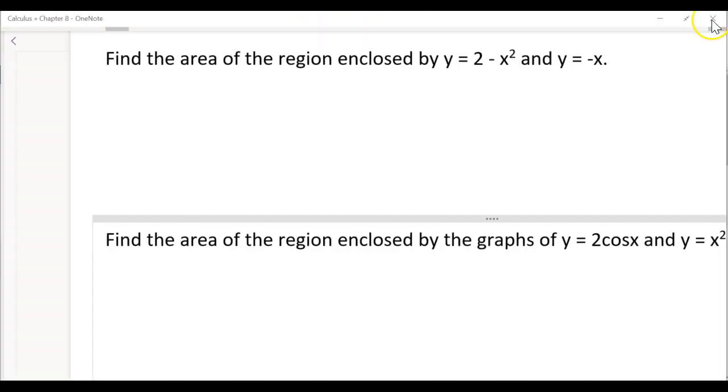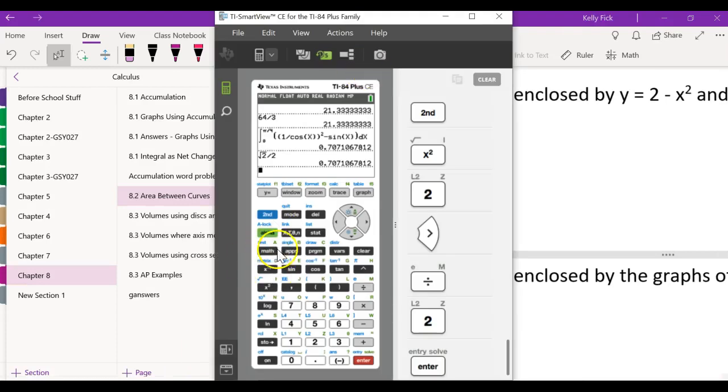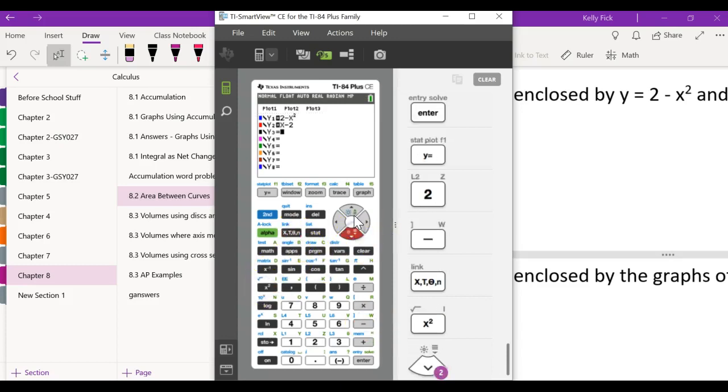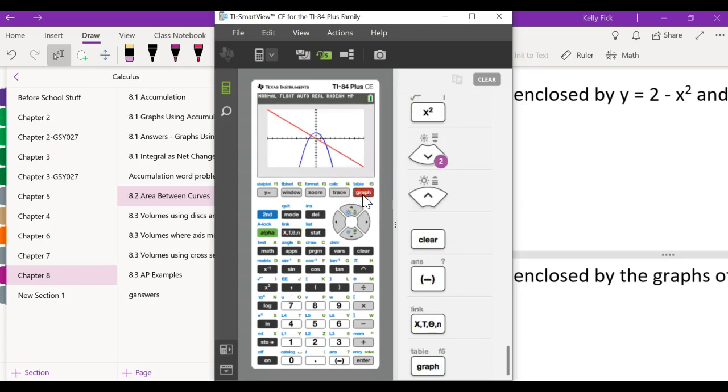So if I graph that on my graphing calculator, I have 2 minus x squared, and then I have negative x, correct? Is that the other one? And then I would graph. Okay, so there's my graph.